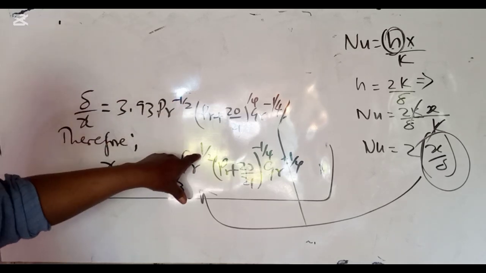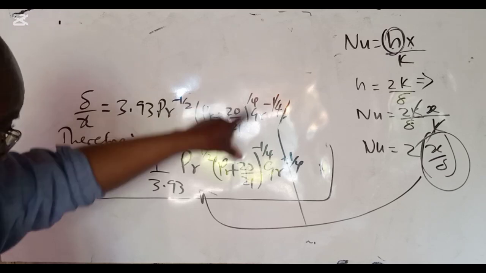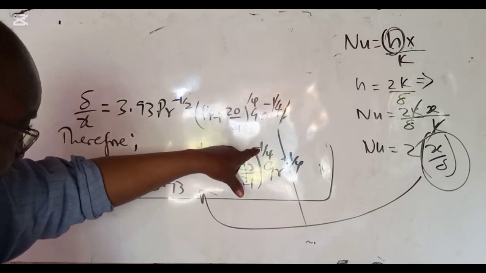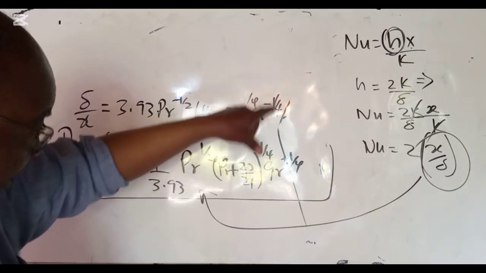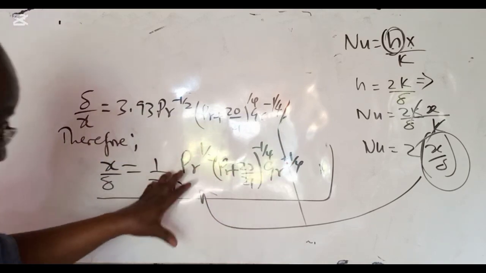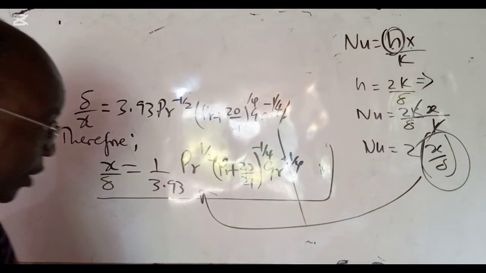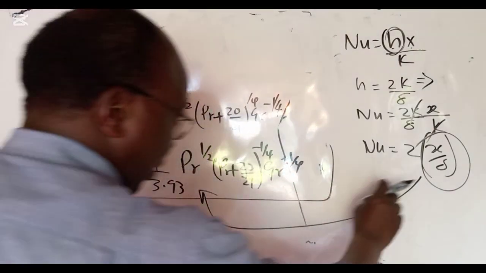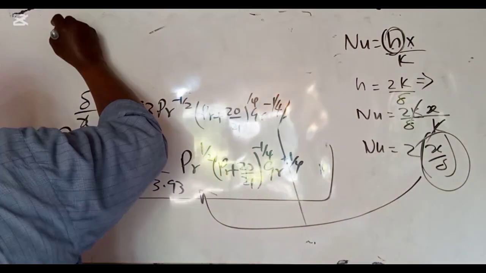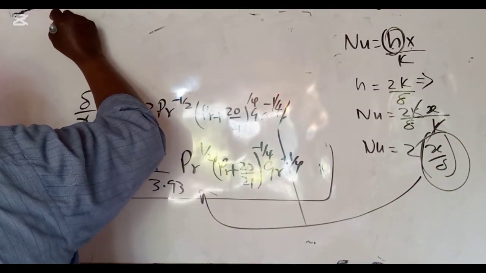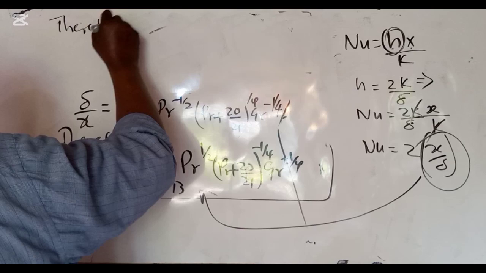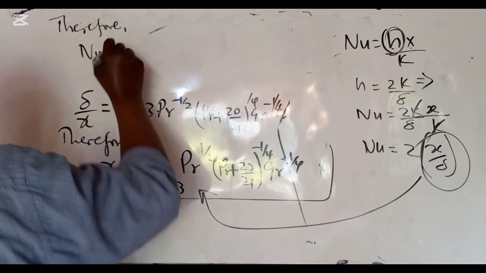So that minus a half becomes plus a half. The index of a quarter becomes minus a quarter, and that index of minus a quarter becomes plus a quarter. And so we have this expression. So the Nusselt number will be quite bulky.